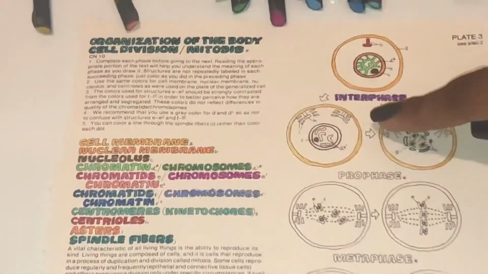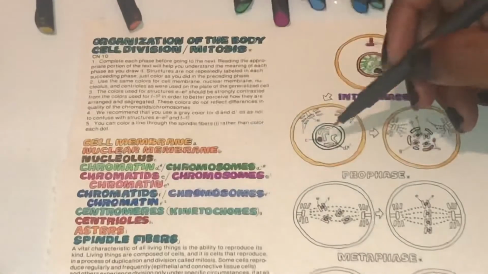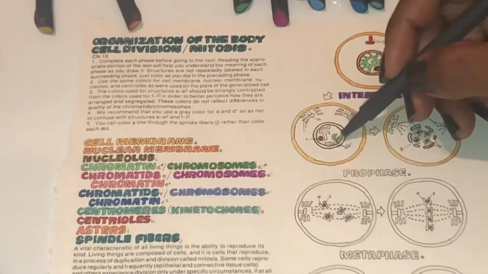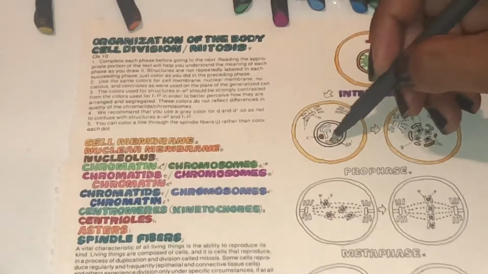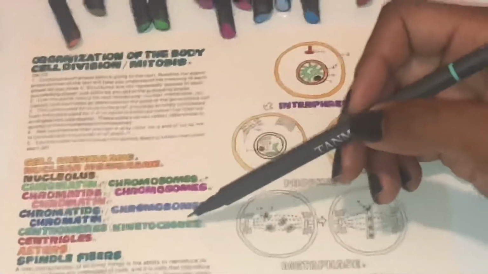But in this orange, I'm coloring in the nuclear membrane, although I colored it in this light green, I should have colored it in the darker green, D1. It's actually chromosomes, not chromatids.